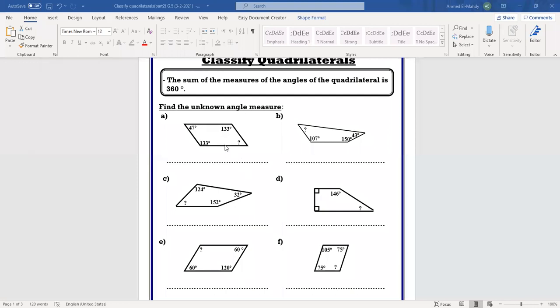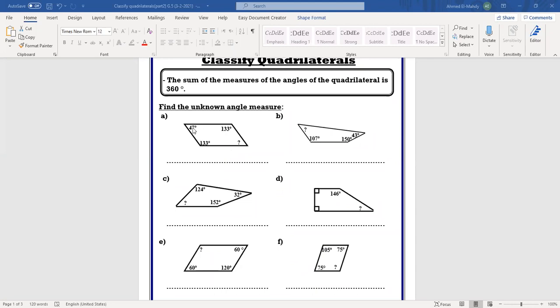Yes, Yasin. First, we'll add all the numbers that we have already, which is 313. This is all right, not wrong. But I want to use the properties of the parallelogram. In the parallelogram, Yasin, we said each 2 opposite angles are equal.